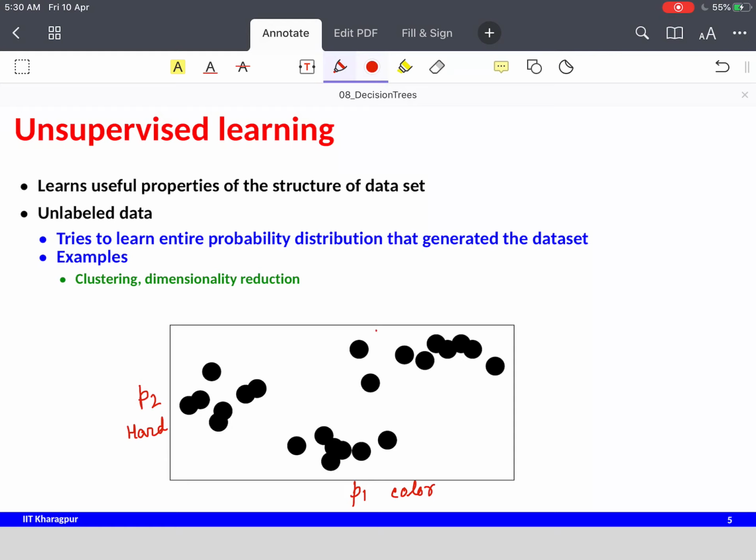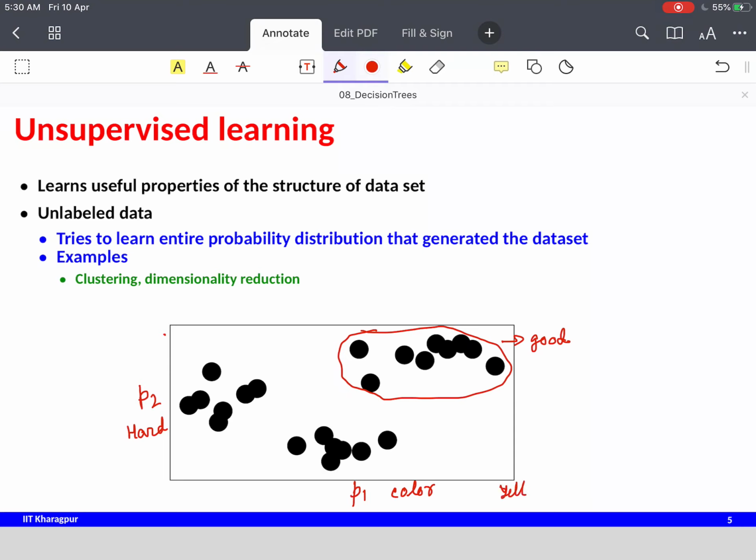Now if we observe these plots, maybe we can say that this set of points is very close to each other. Maybe if I have a color which is more towards the yellow side and it is less hard, then probably these are the good mangoes.